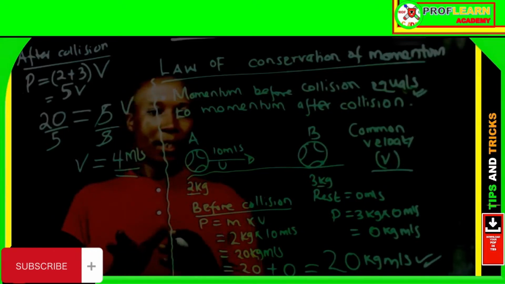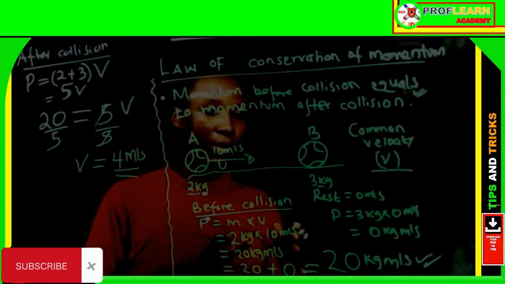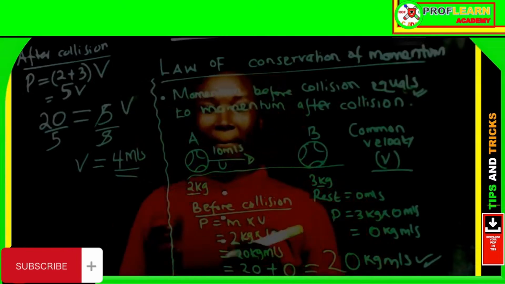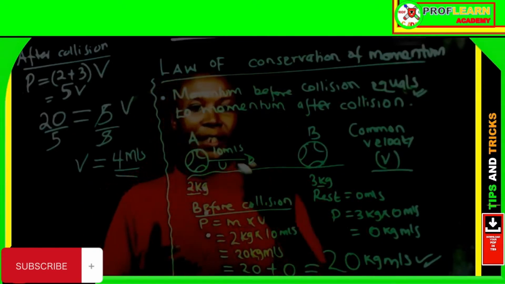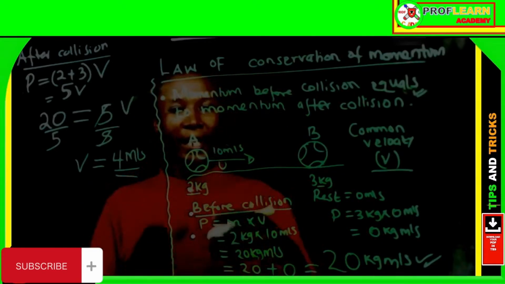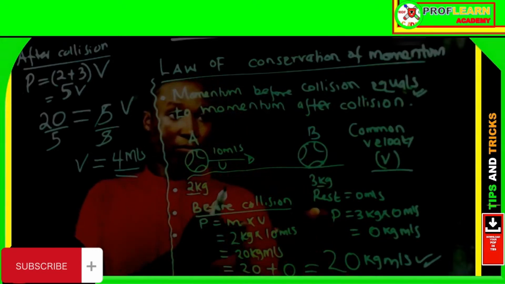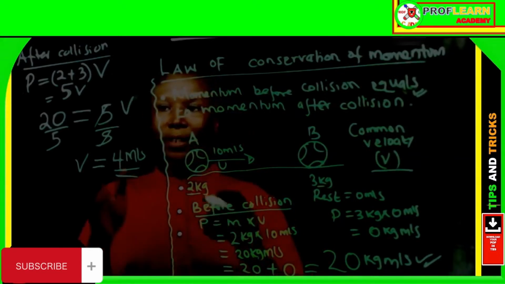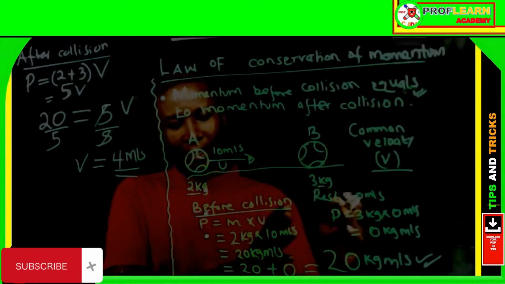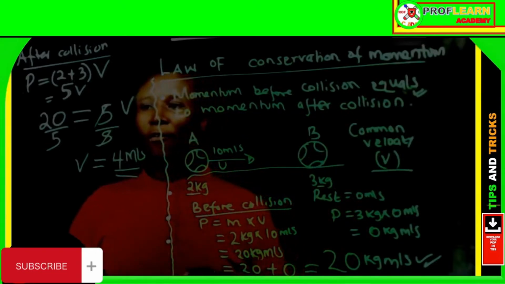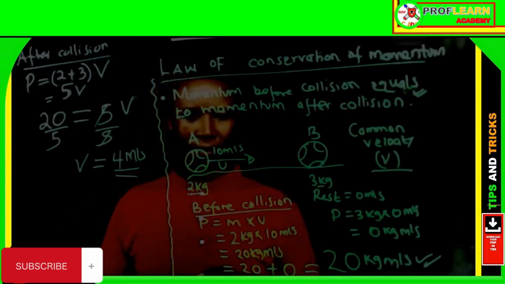After they collide, they'll move together with a velocity of 4 meters per second. And now you can see the speed of ball A has slowed down because the momentum was transferred to B. So the two balls will be moving together at a common velocity of 4 meters per second.